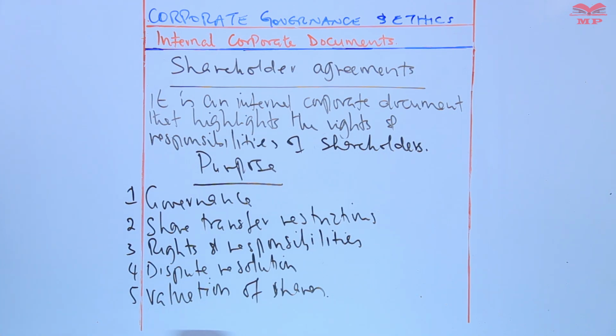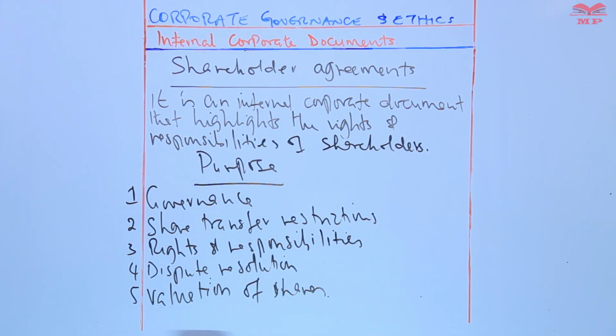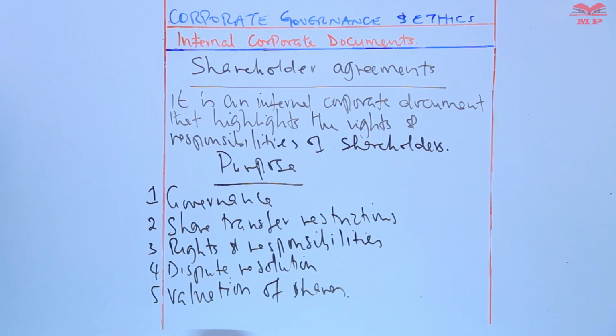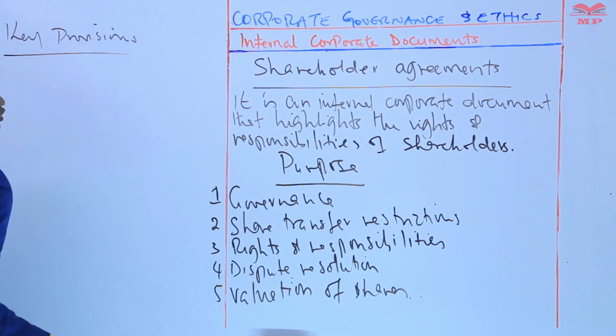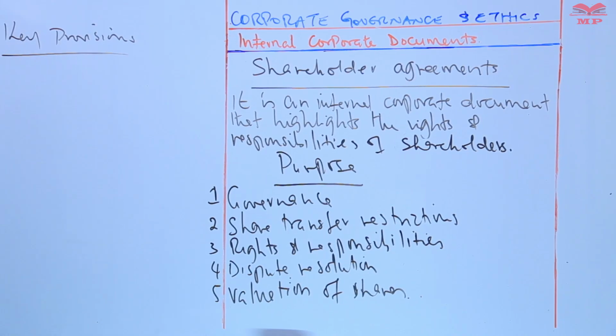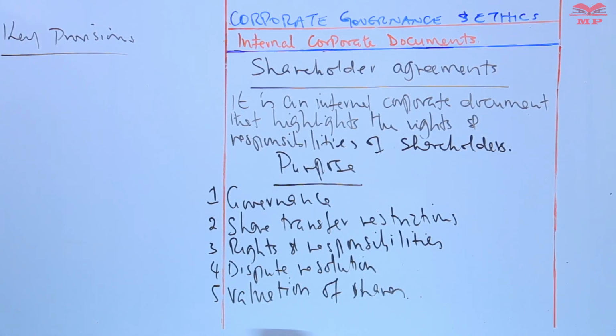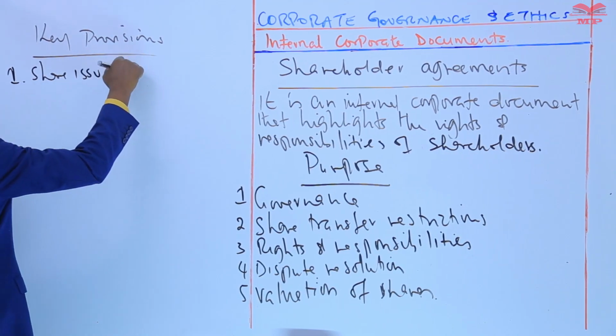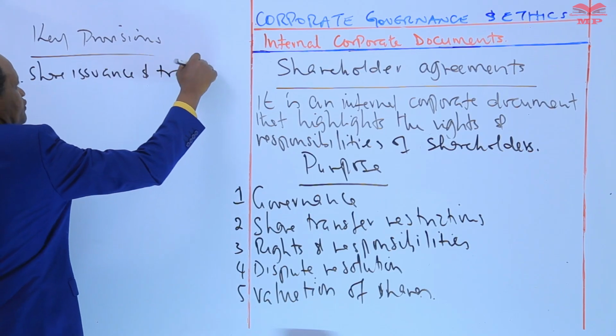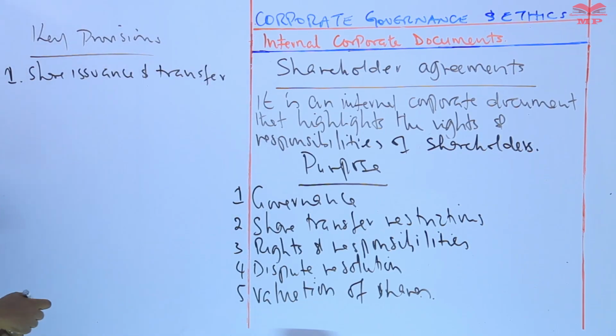Let us now outline some of the key provisions of shareholder agreements. The first key provision is share issuance and transfer.